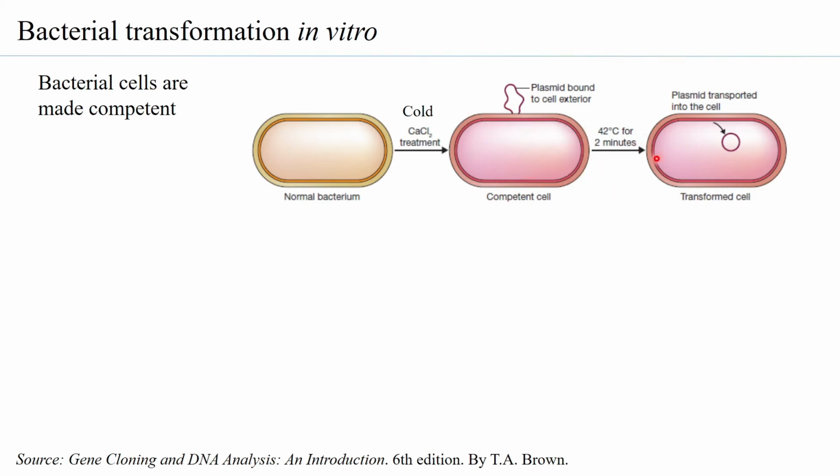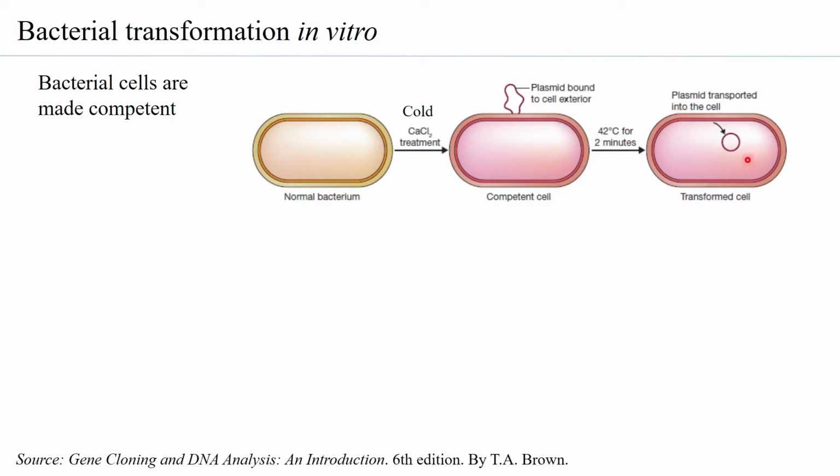Now, what is the purpose of heat shock? Again, the exact way by which heat shock works is not very clear. But what is understood is that when you have the DNA already bound to the cell wall of the bacteria, and you subject it to heat shock, then it may be possible that the wall forms pores.